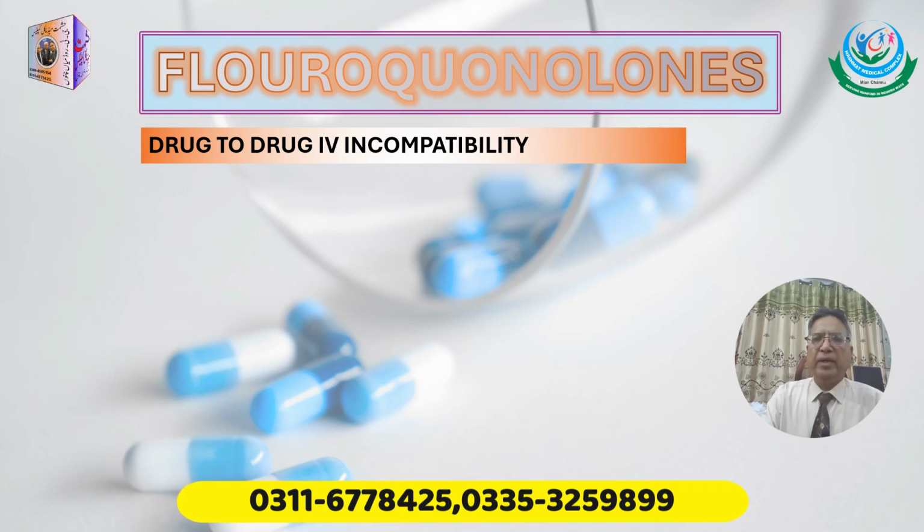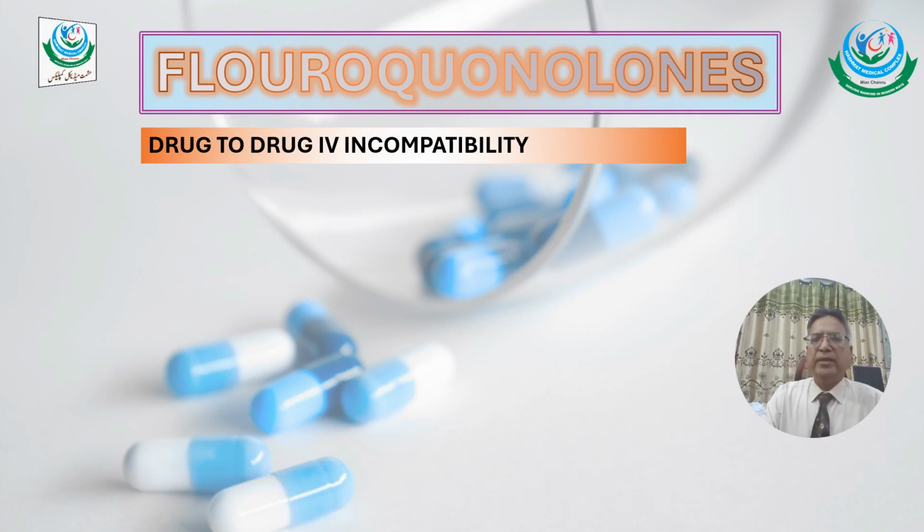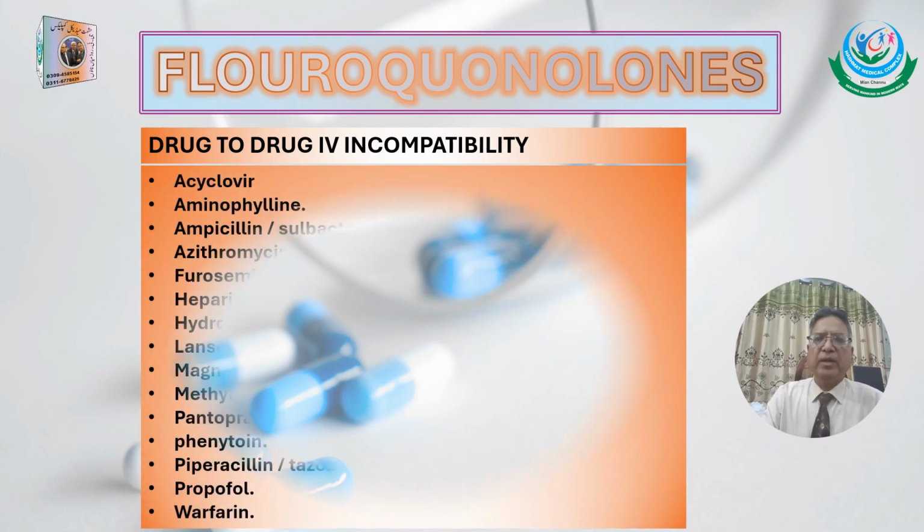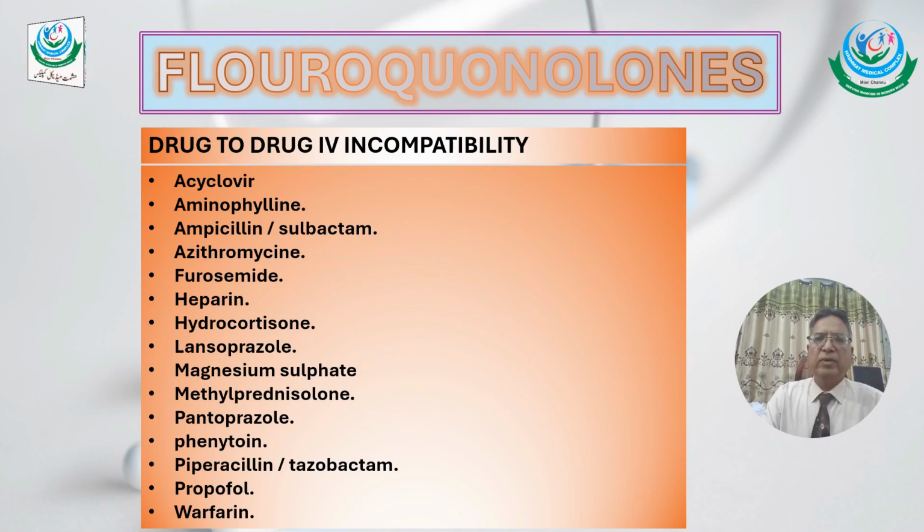Drug-to-drug IV incompatibility means that these drugs should not be used with the following drugs in the same IV lines or in the same syringes. These drugs are acyclovir, aminophylline, ampicillin, sulbactam, azithromycin, furosemide, heparin, hydrocortisone, lansoprazole, magnesium sulfate, methylprednisolone, pantoprazole, phenytoin, piperacillin, tazobactam, propofol, and warfarin.